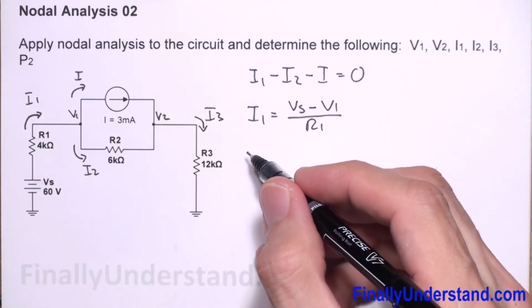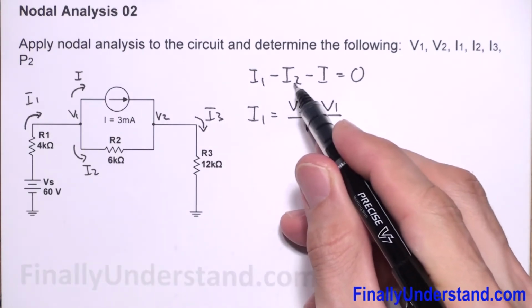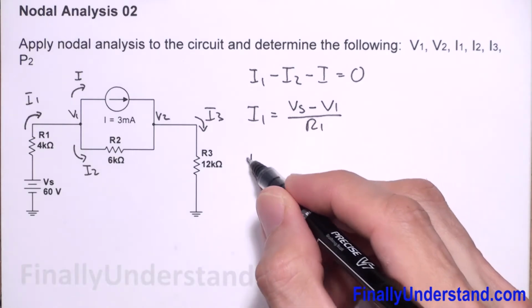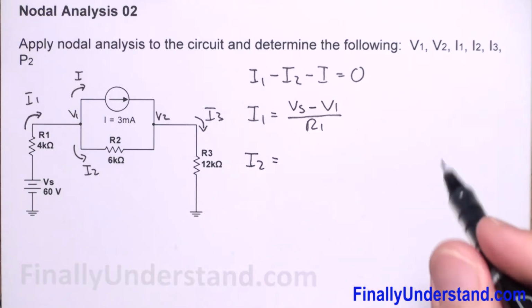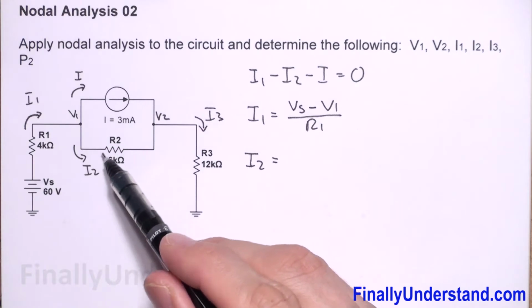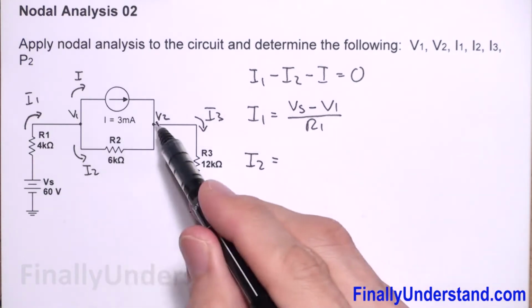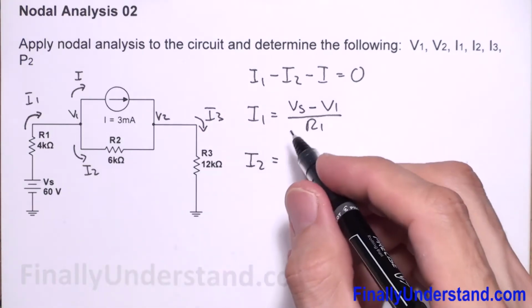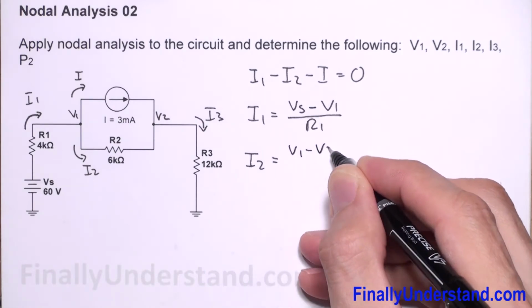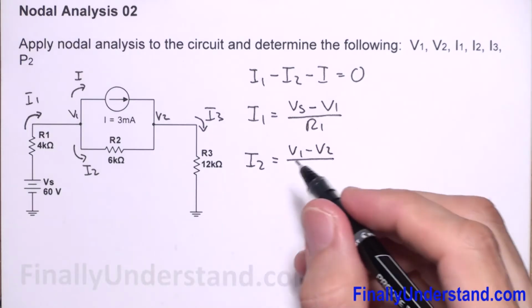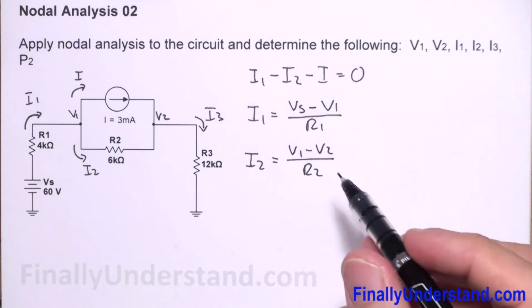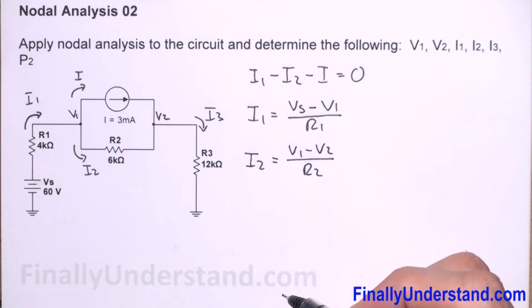Next, I'm going to find the formula for I2. I2 is equal simply to the voltage across resistor R2, which is the difference between these two voltages. So I have V1 minus V2 over R2. So this is my current I2.